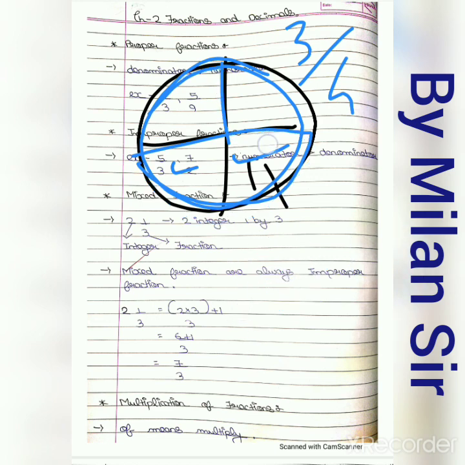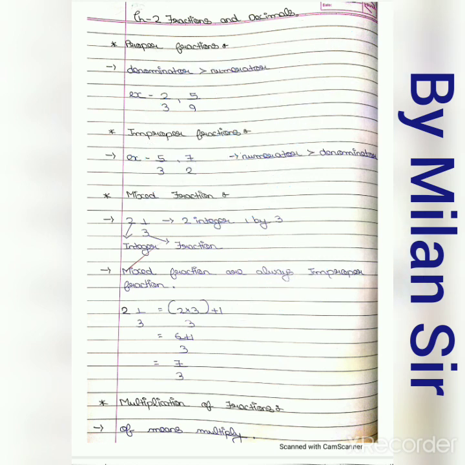Now improper fraction. Here you can understand what I am telling you. Now what is an improper fraction? First of all, the basic thing is that the numerator is greater than the denominator. I have written here 2 examples.